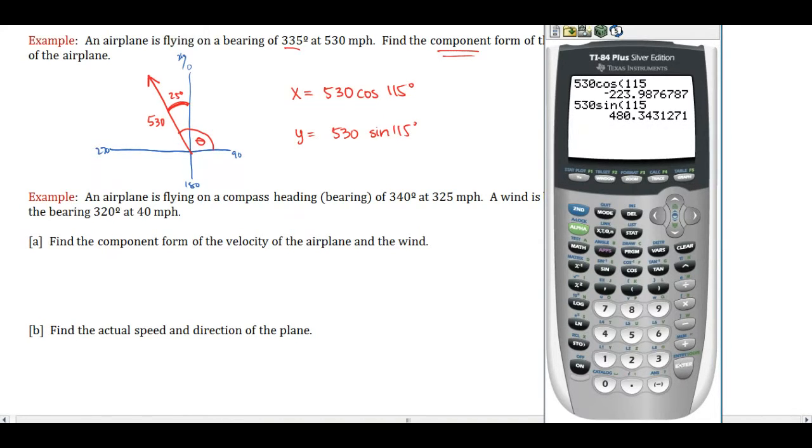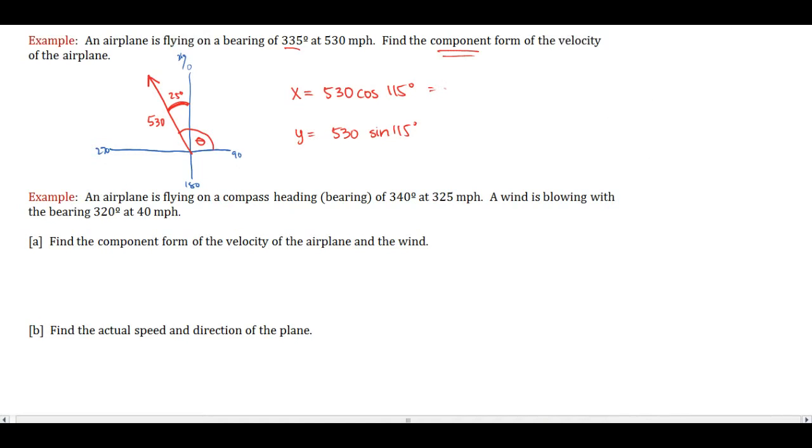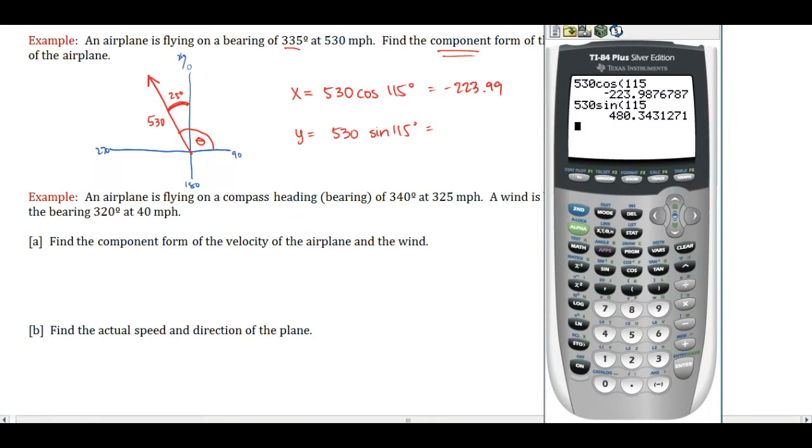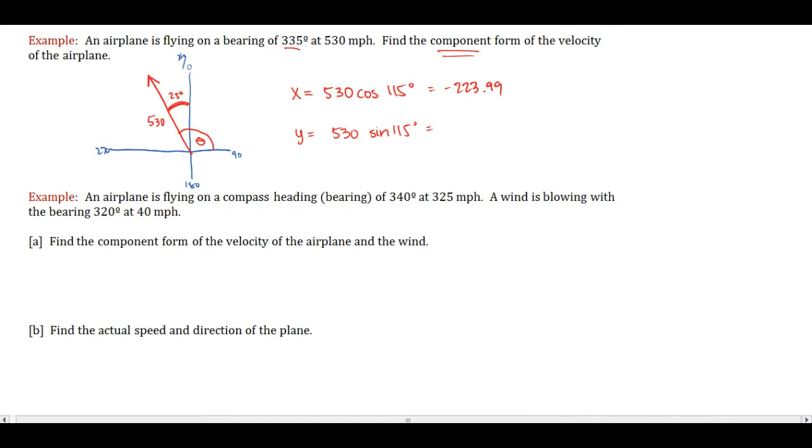And we got negative 223.99 and 480.34. So there's my component form, right? Negative 223.99, comma 480.34. And those are the two components that make up this plane's travel.